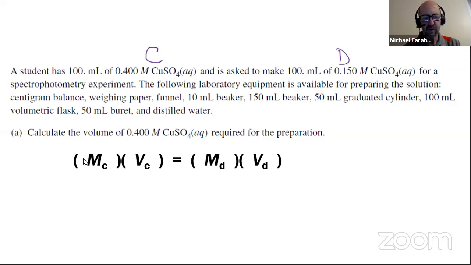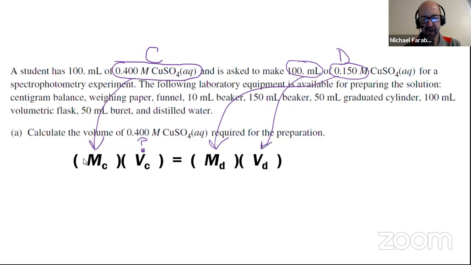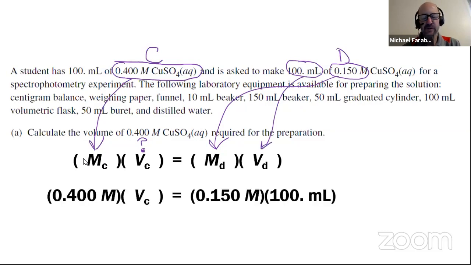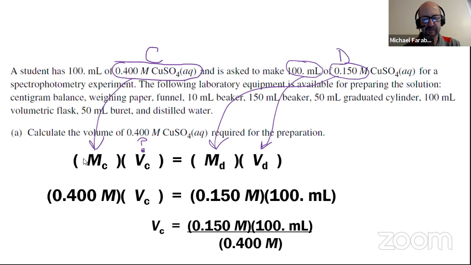So we know the molarity of the concentrated solution. And again, M times V gives me moles. So when I do a dilution, I'm not changing the number of moles of the solute. This particular volume, right now, we don't know what that is. That's what we're trying to find. The molarity of the dilute solution is right here. And the volume of this dilute solution that we need is right there. So I can go ahead and plug in my numbers. I'm still going to get, if I do this math correctly, the same answer I got before, which is 37.5 milliliters.